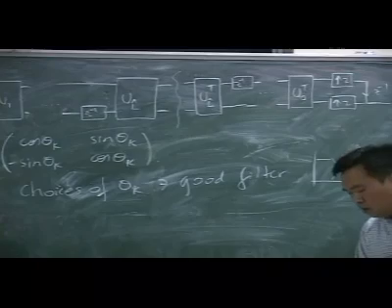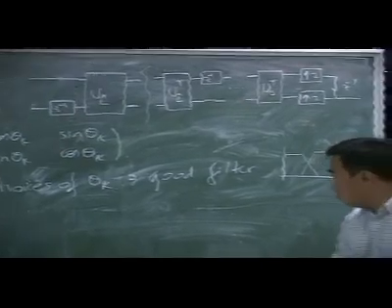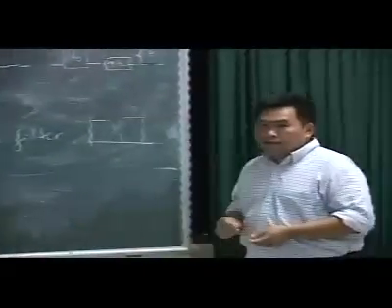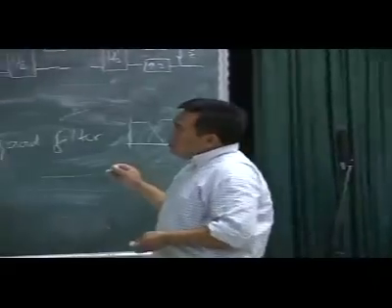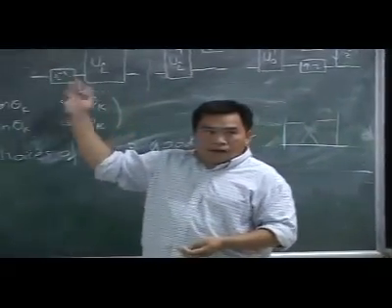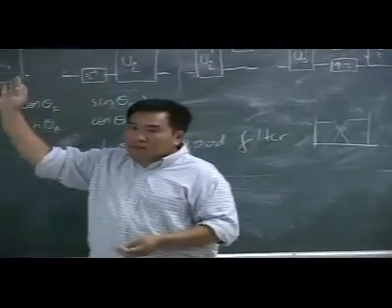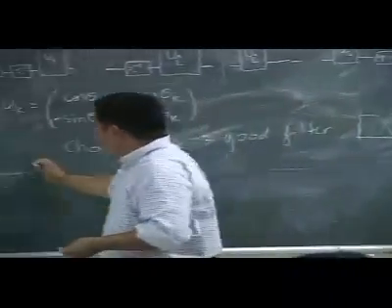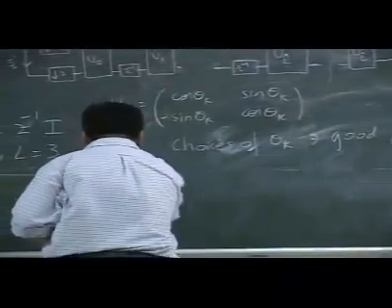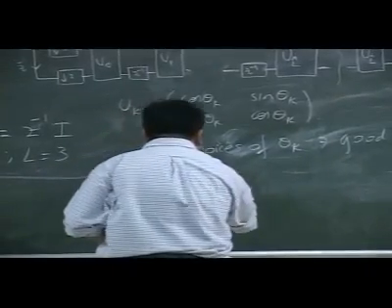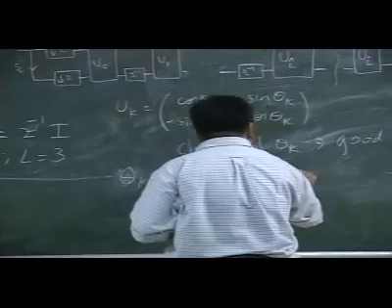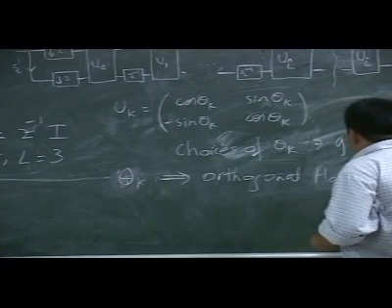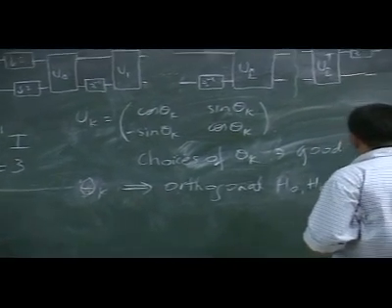Computation, I know exactly how much computation, because I know how to implement this. I can count the number of multipliers. So if somebody gives you a structure and says that if I choose this theta k, I'm guaranteed to have an orthogonal filter bank, then given U_k, given theta k, I get an orthogonal filter bank, H0, H1, F0, F1, right?